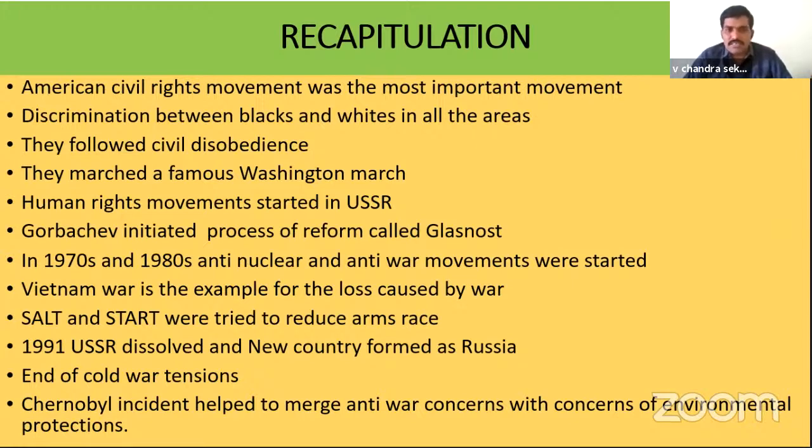Okay, in the 1970s and 80s, another type of movement started, the anti-nuclear and anti-war movements. After seeing the damage of World War II and World War I, scientists and intellectuals started anti-war and anti-nuclear movements. Particularly after the Vietnam War, which is an example of the loss caused by war, the arms race between superpowers increased very much.